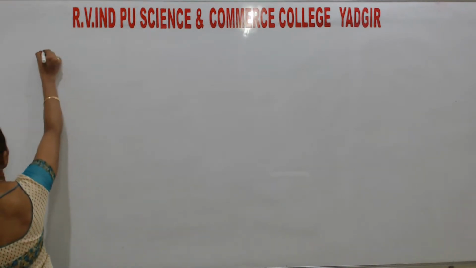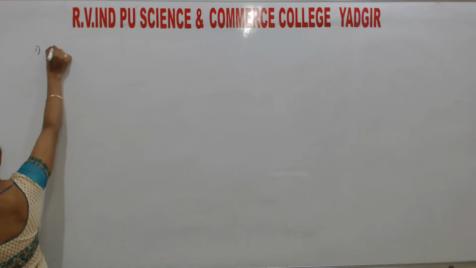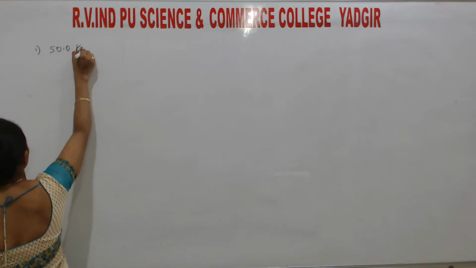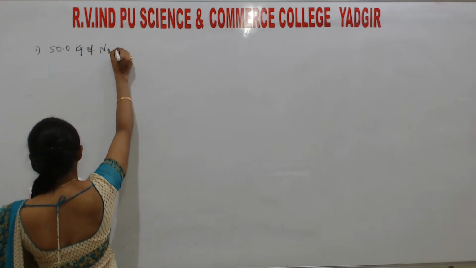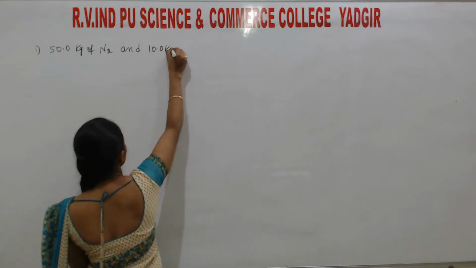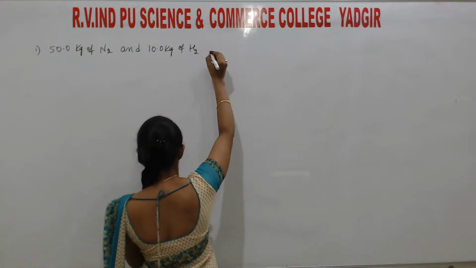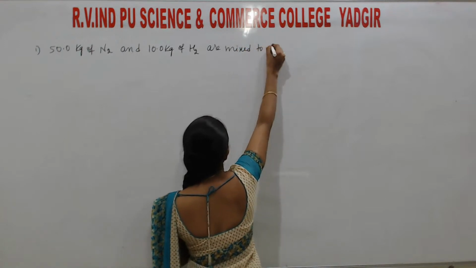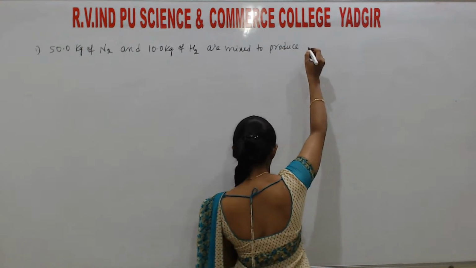Take the problem based on the limiting reagent. 50.0 kg of N2 and 10.0 kg of H2 are mixed to produce NH3.